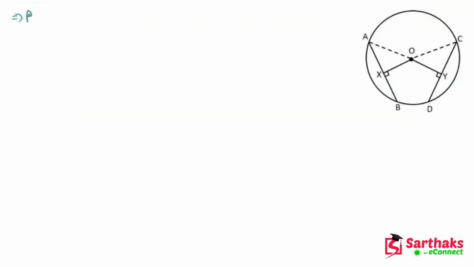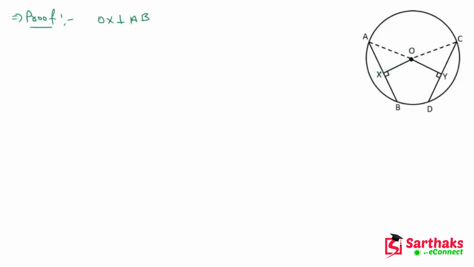So here is the proof of this theorem. Since OX is perpendicular to AB, and we know that the perpendicular from the center to the chord bisects the chord, this is by the perpendicular theorem.